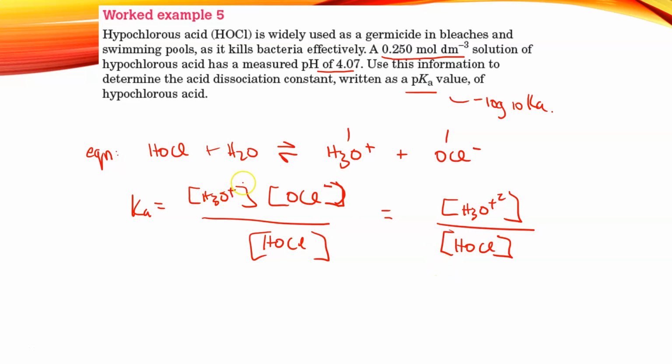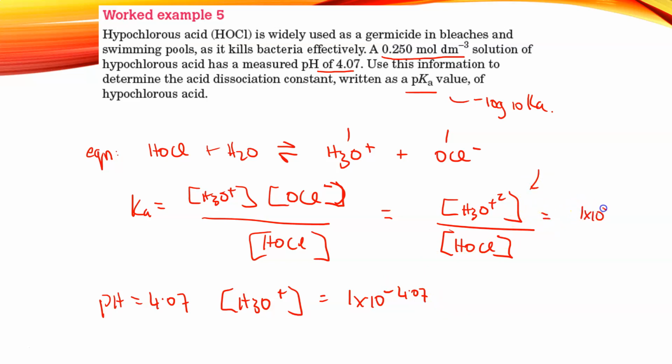And we have a pH value. So the pH is equal to 4.07, so the concentration of H3O+ is going to equal 1 times 10 to the negative 4.07. So this is now going to be substituted up here. 1 times 10 to the negative 4.07 all squared over the 0.250 initial concentration.